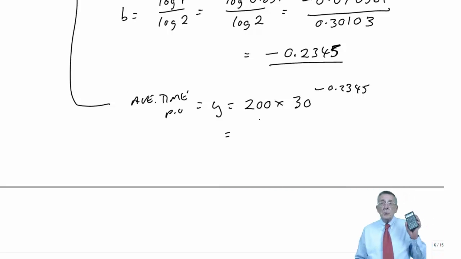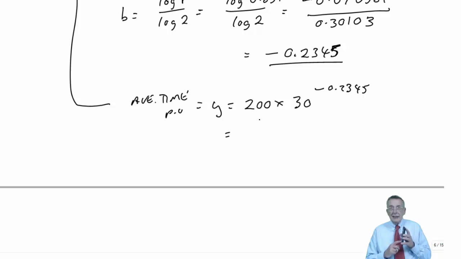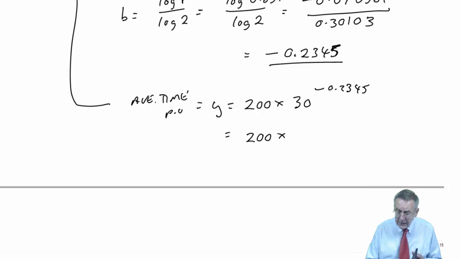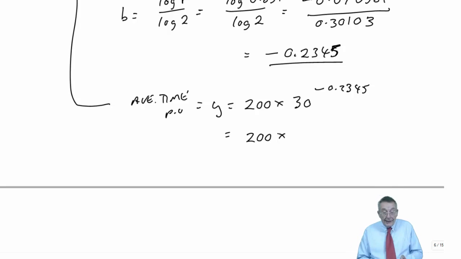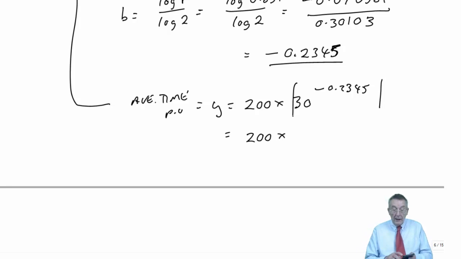And although if you're efficient with your calculator, you can put the whole thing in, just so you can check it's 200 times. I say it depends on your calculator, but I'll tell you how my calculator gets this bit.